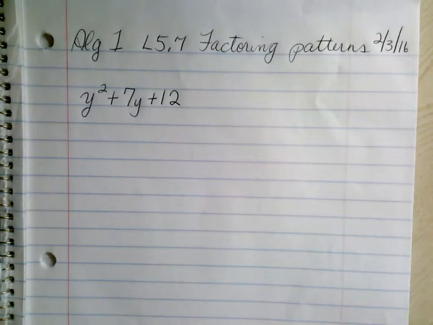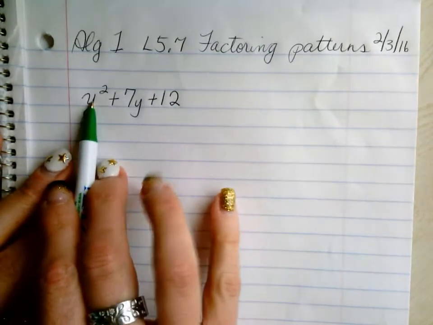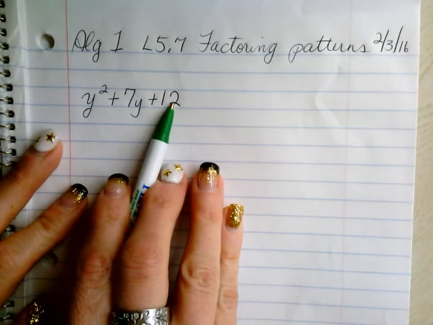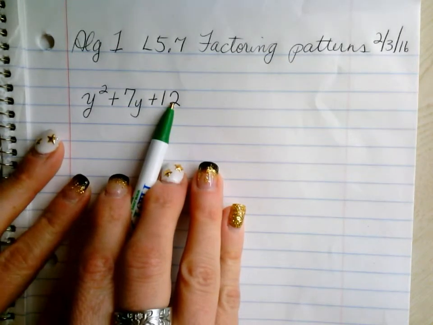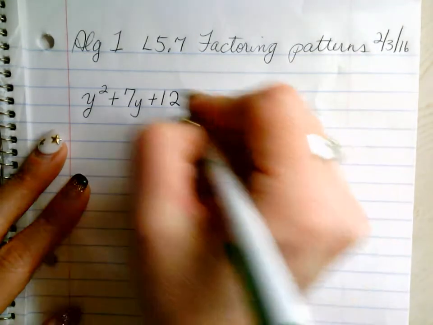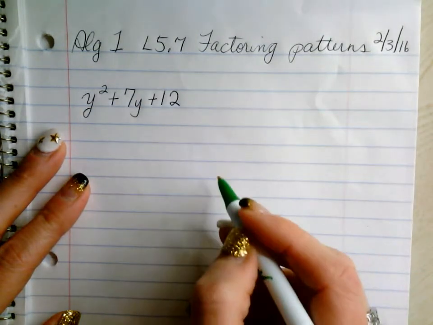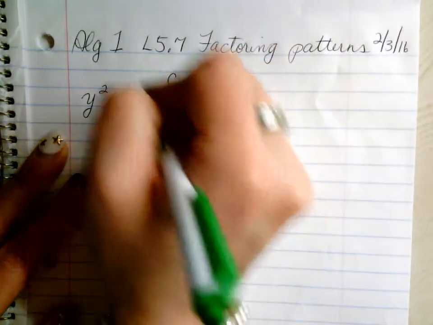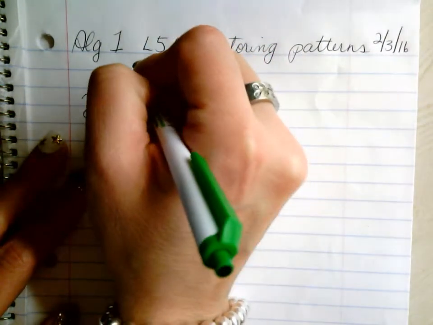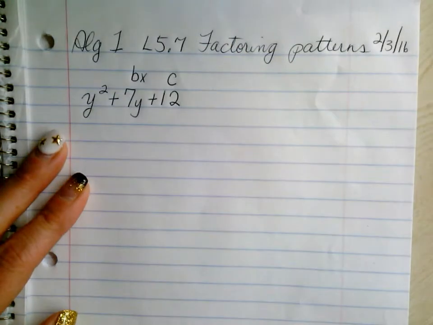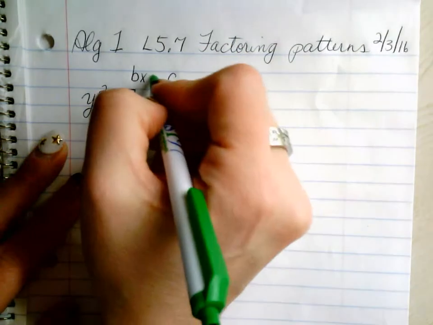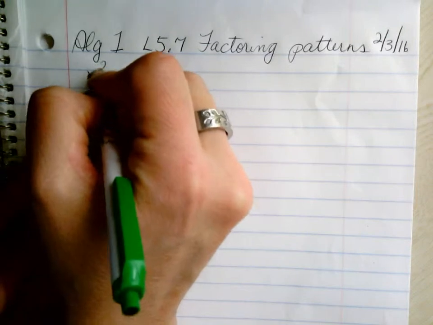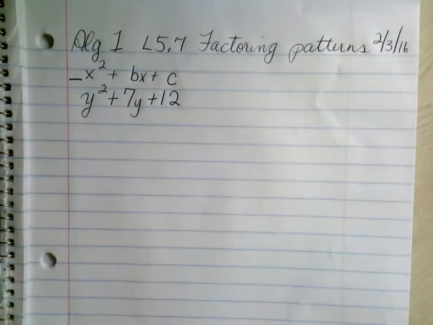In order to create this polynomial, let's just call this C, and I believe they call that Bx, and this is just x squared. Notice there's no coefficient, which is why I don't have an a there, okay? There's no coefficient.